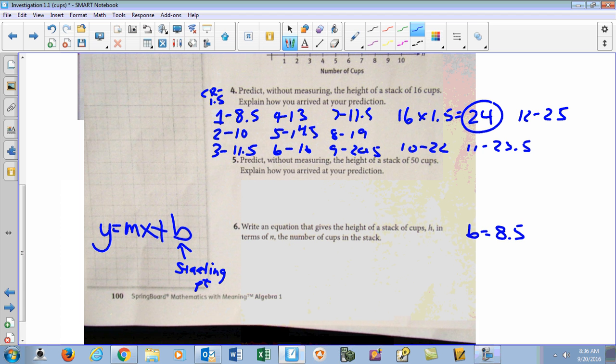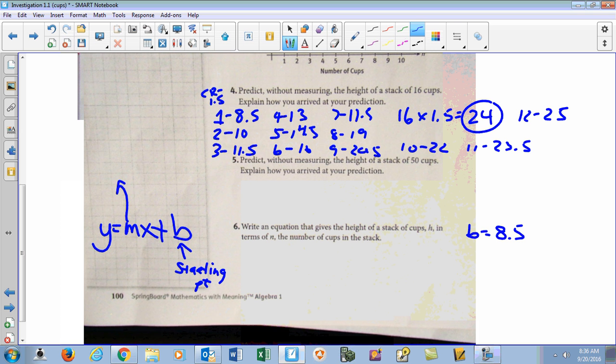So technically, when we had 0 cups, did we increase from 0 to 1 cups, increased 1.5 constant rate of change? No. So we didn't start increasing the height till we added what? The second cup, right? So our height started to change once the second, third, fourth, fifth, and sixth came on, right? All right, what was our M?